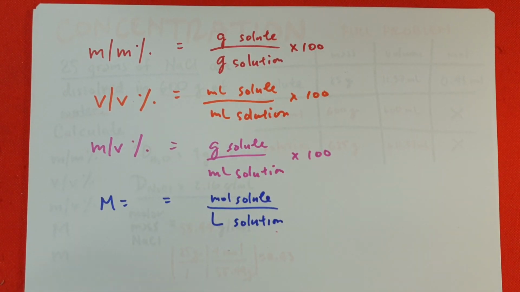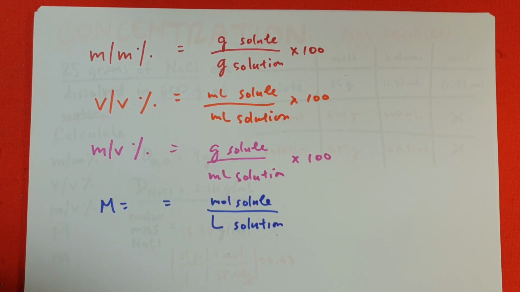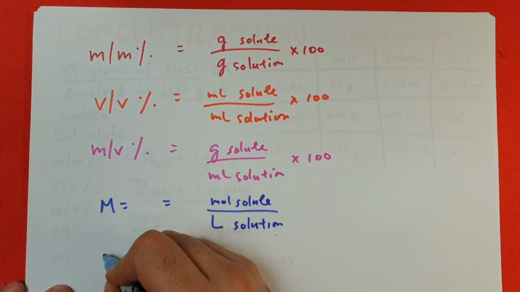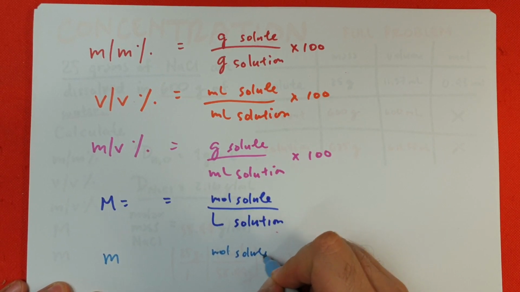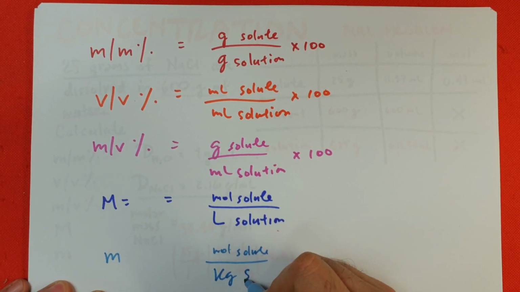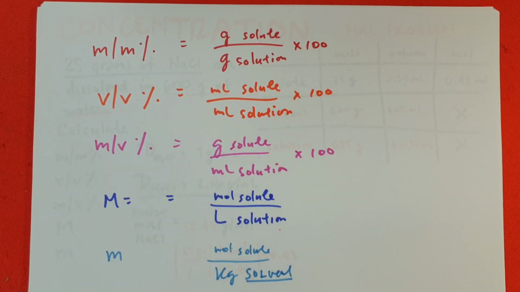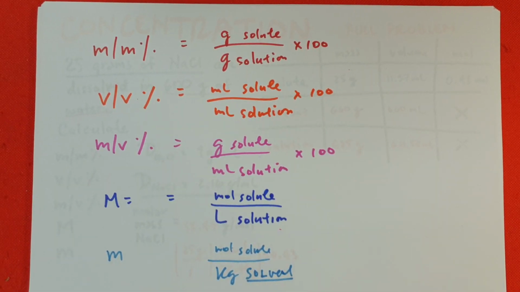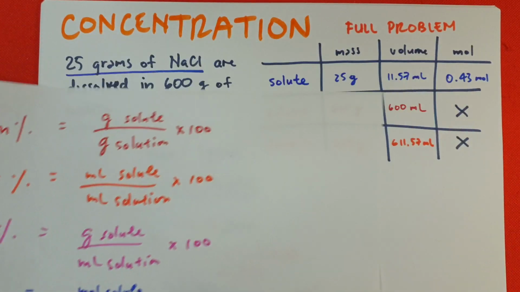And last but not least, in another color marker, molality is equal to moles of solute divided by kilograms of solvent. Remember, this is quite different. Now we just substitute the values we created.